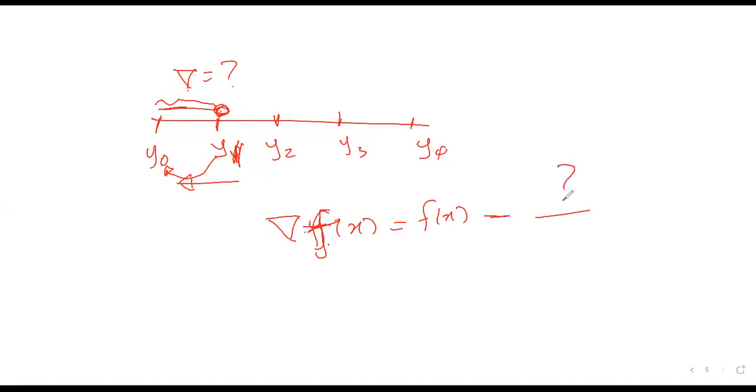Can you write this answer only? This is, of course, a difference, which has the negative sign, no? Subtraction only we call a difference, okay? So keep in mind, you should have negative here, okay? So f of x minus what?